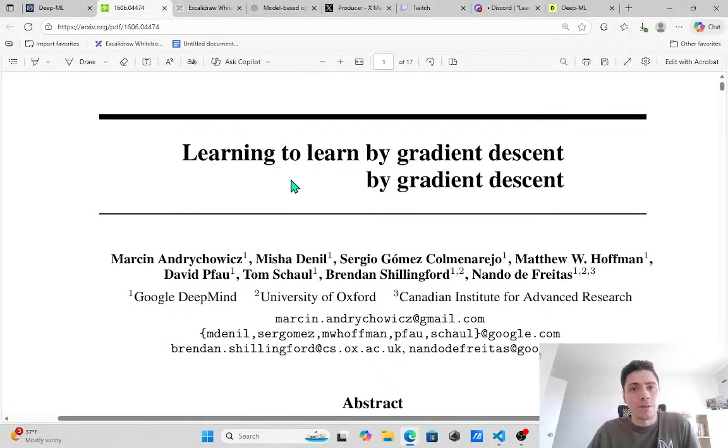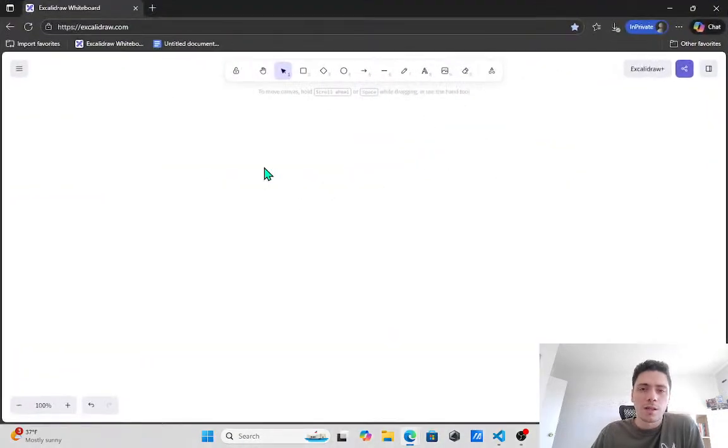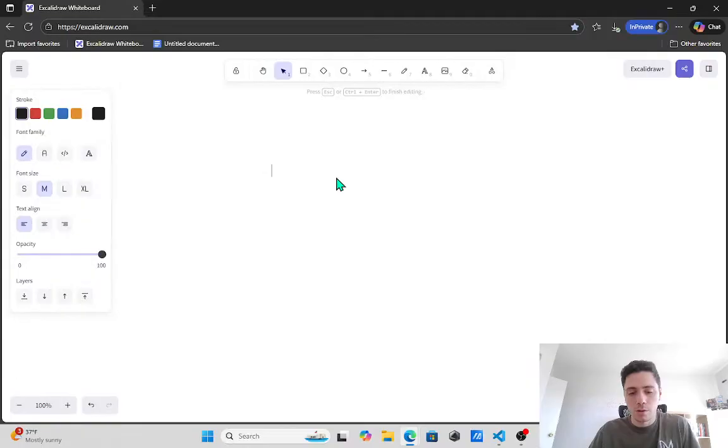So we're gonna review this paper. The reason I want to review this paper is that right now my understanding of optimizers is that we have basically hand-designed optimizers. Like simple gradient descent, where you take your old weights and subtract the learning rate times the gradient.